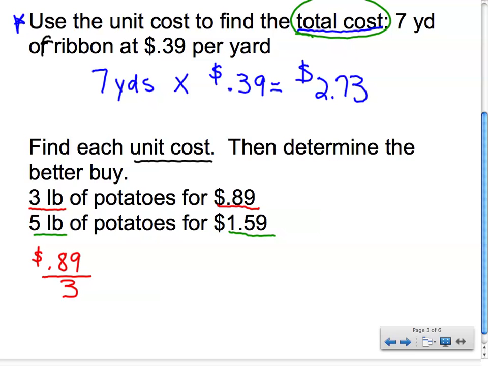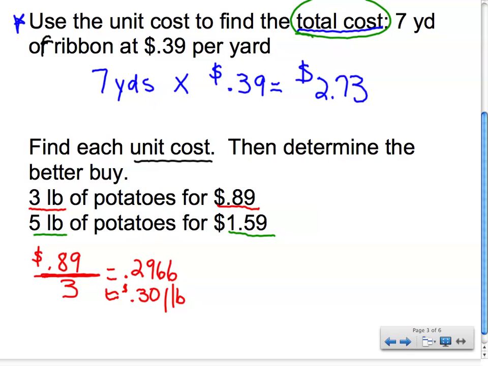As I'm working that out, again, this is a division bar. 0.89 divided by 3 equals 0.2966. Well, we're dealing with money here, so we want to round, which makes this approximately 30 cents per pound.